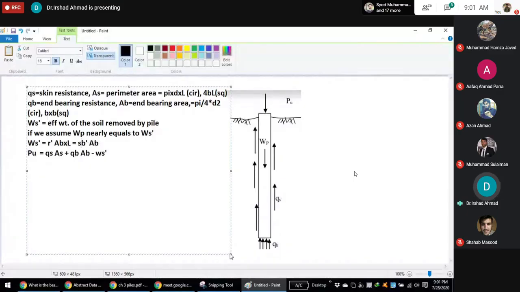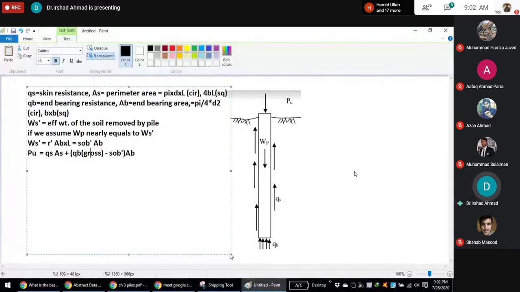Effective overburden pressure at the base of the pile. Let us use sigma naught. So in place of WS you can write sigma naught B prime into AB. Now see, in this you can take AB as common. You are left with this. Achha, one thing that I missed out, that QB is in terms of gross, right?